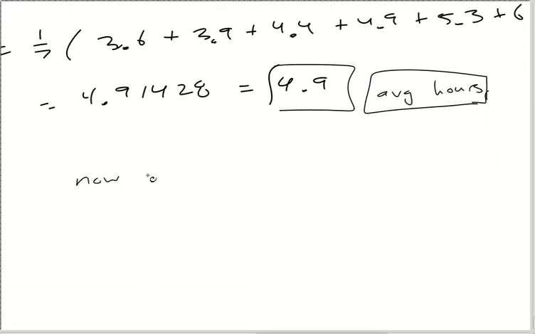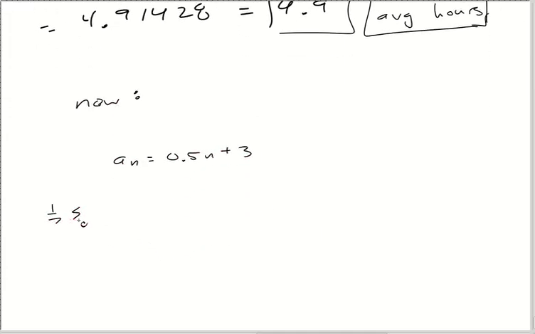Now, for part B, they say that a_n is equal to 0.5n plus 3. And they want you to do the same thing again, this 1/7 summation stuff of a_n. And so what we're going to do is plug in a 1, 2, 3, 4, all the way to 7, and get our values.